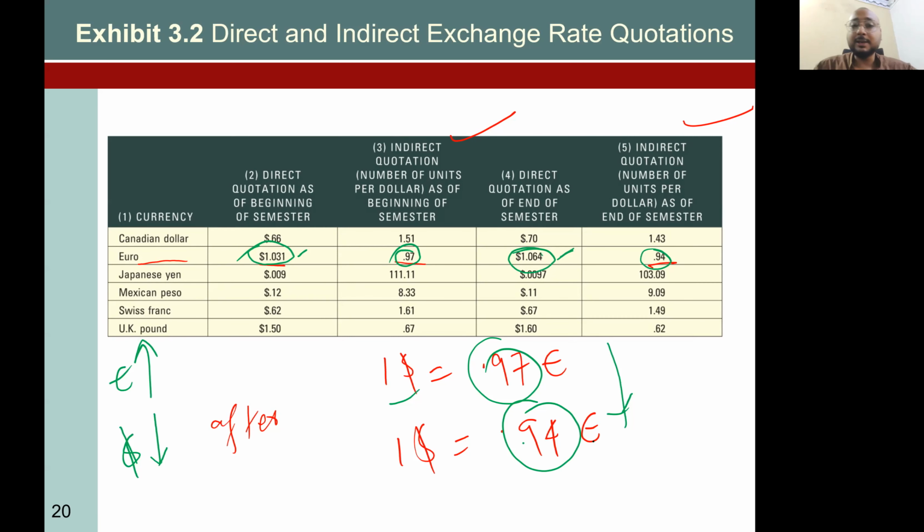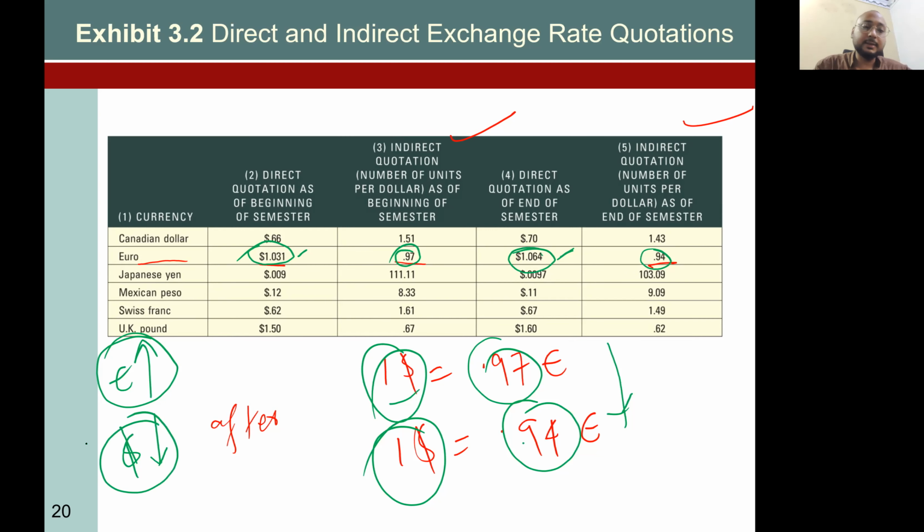But in direct quotation, 1 euro is equal to $1.031, and after that, 1 euro is equal to $1.064. The euro is appreciating, but in indirect, the value of the euro is decreasing, meaning the value of the dollar is decreasing. So if the euro is appreciating, the other currency must be depreciating.